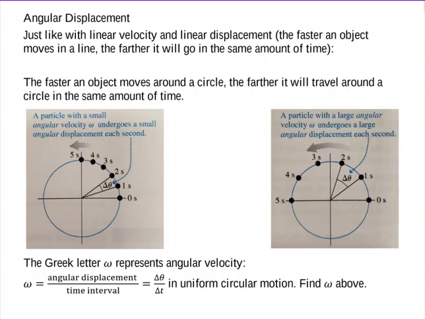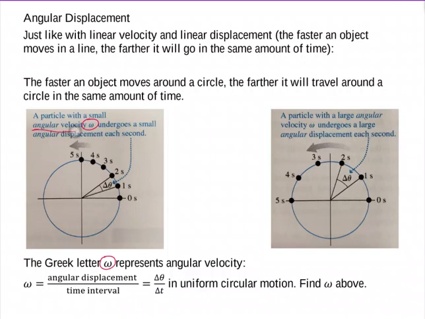The picture on the left, the particle with a small angular velocity. Okay, so we see this letter right here that looks like a kind of loopy W. That is the Greek letter omega. That's a lowercase omega. Okay, so omega is the letter that we use for angular velocity.